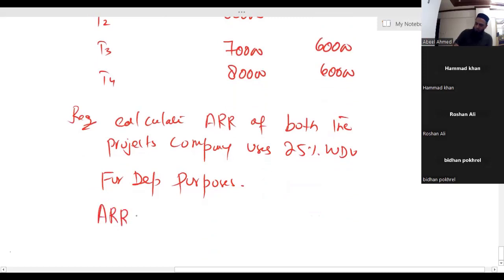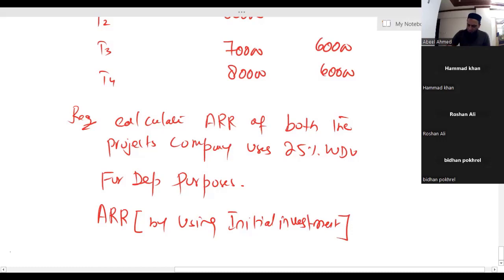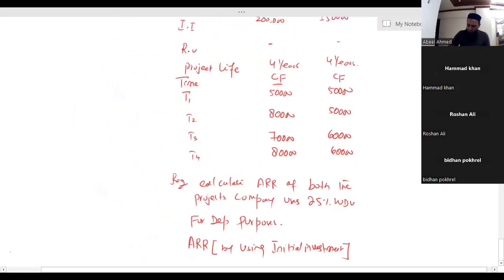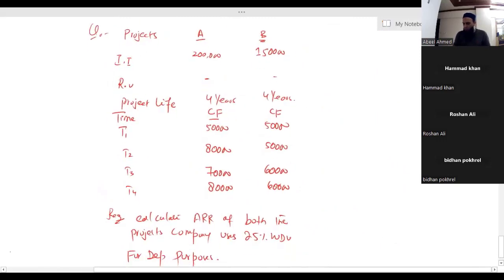ARR by using initial investment. So let me zoom out so you can read the whole data. Please, you have 5 minutes. I need the answer quickly. You have 8 to 9 minutes to solve it. Please quickly solve. Then we'll be discussing, inshallah.